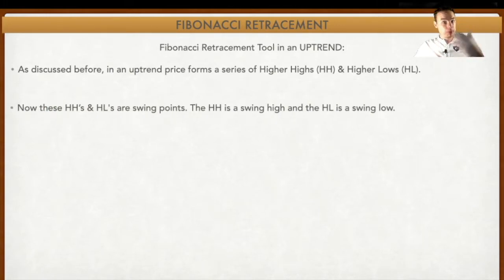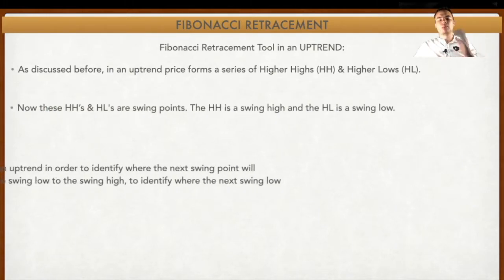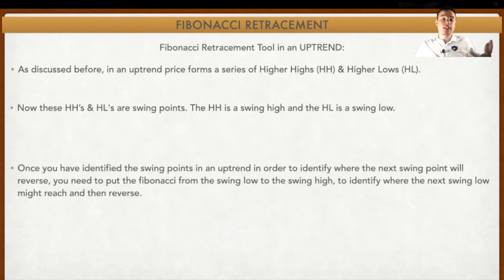Now, remember swing points. Once you have identified these swing points in the uptrend, the higher highs and higher lows, in order to identify where the next swing point will get to and then reverse back up in an uptrend, you can put your Fibonacci tool.